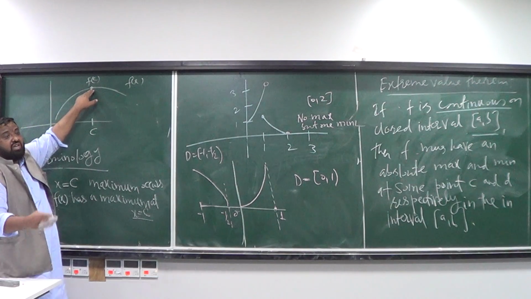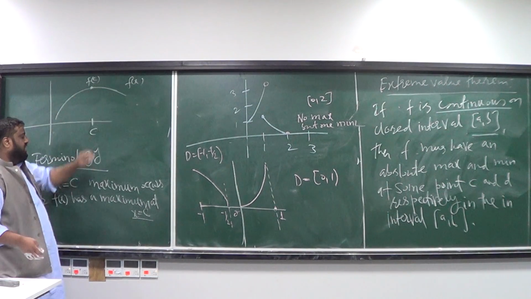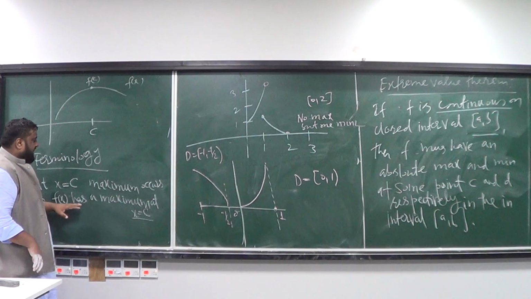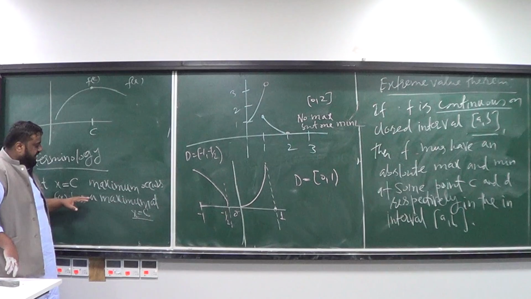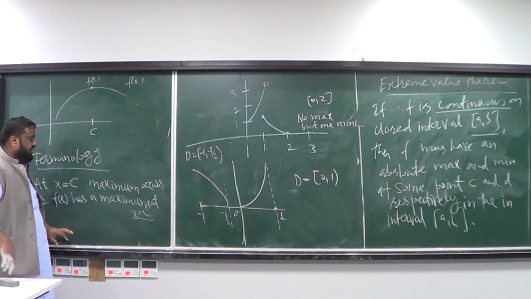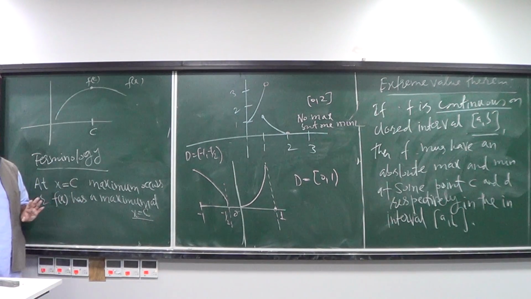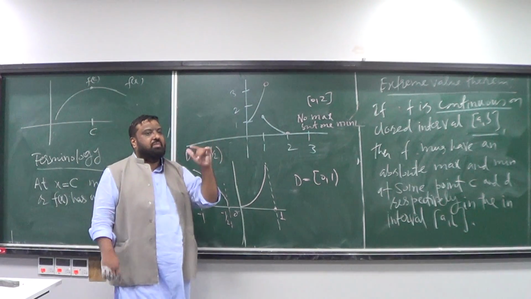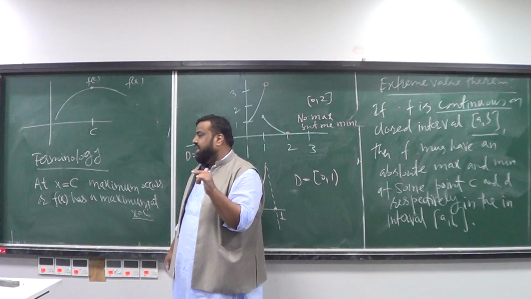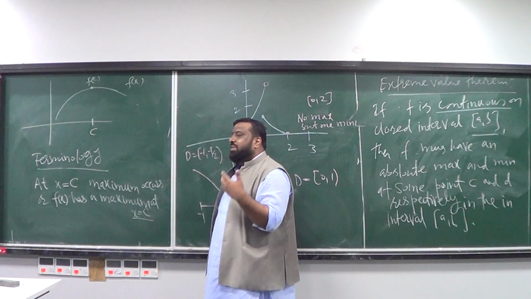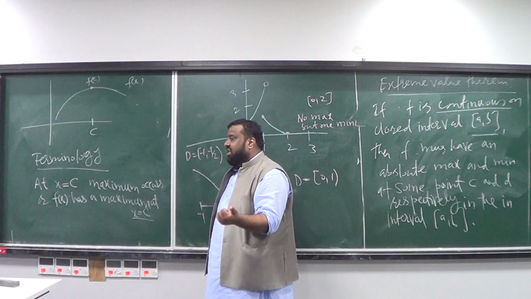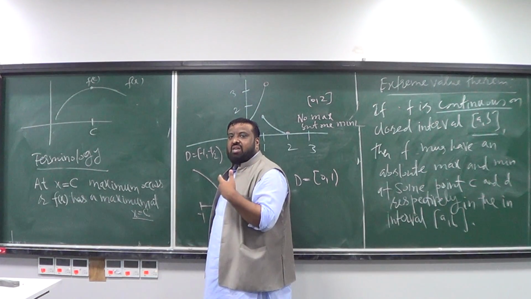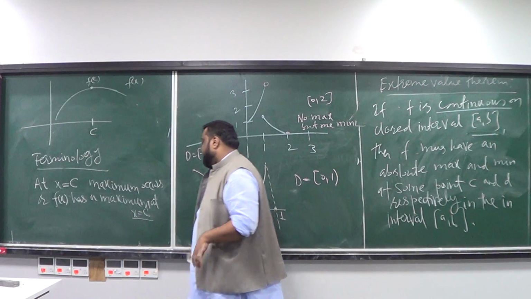In other words, the function takes its maximum value, and I'm going to say that f of x has a maximum at x equal to c. So for inputs where you have a maximum or minimum, you're going to say that at x equal to c a maximum or minimum occurs, or that f of x has a maximum or minimum at x equal to c.